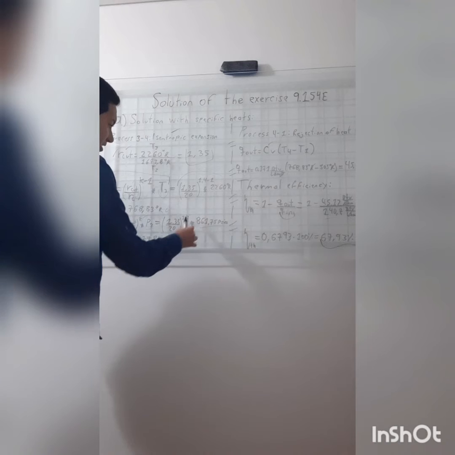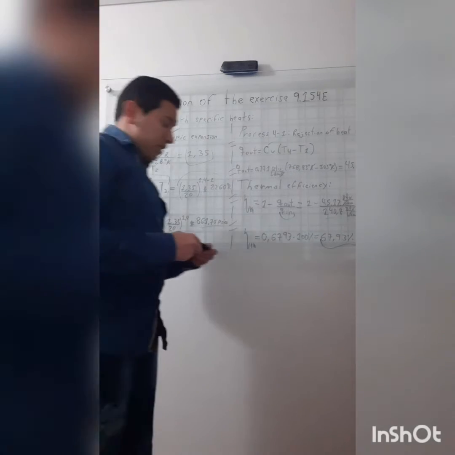Replace values here, and the pressure 4 is equal to 19.79 psia. Remember the units of the pressure.